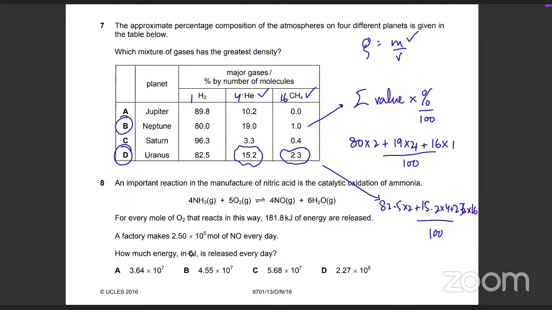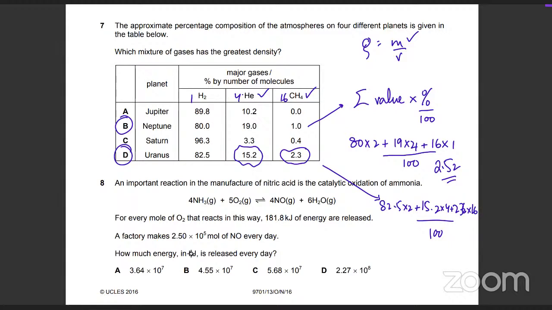So what do you get? Sir, the upper one is 2.52. And the last one? 2.626.